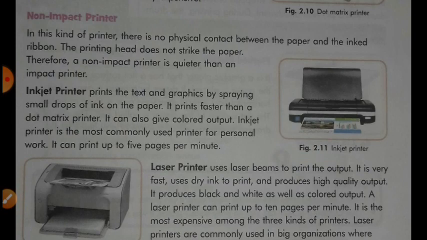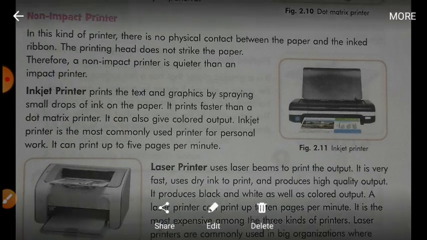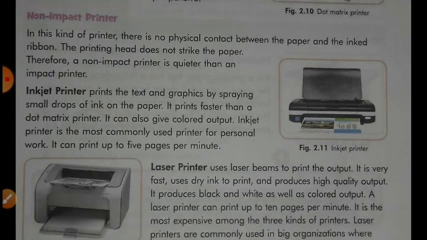It prints faster than a dot matrix printer. It can also give colored output. Inkjet printer is the most commonly used printer for personal work. It can print up to 5 pages per minute.